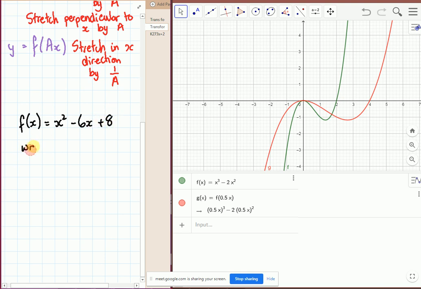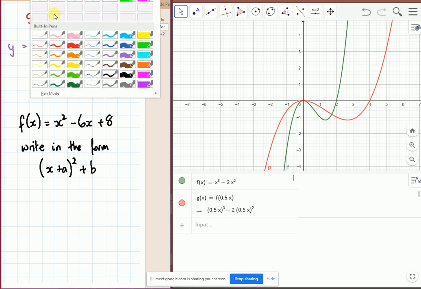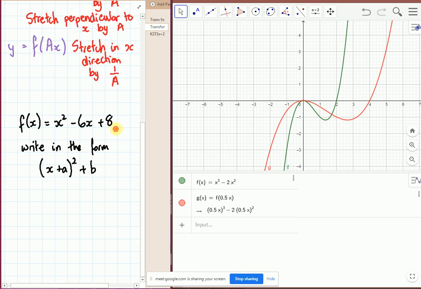And it says, write it in the form of (x plus a) squared plus b. What's that movement that's called? What's the process called to take that function and turn it into this? No one remember? Complete the square.